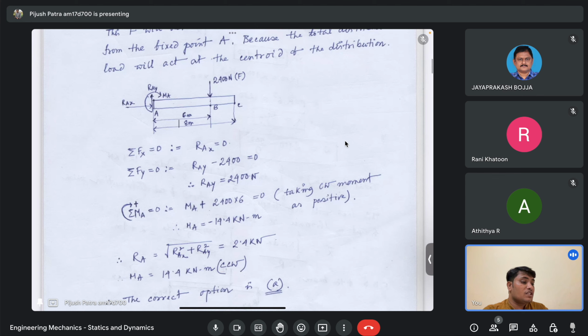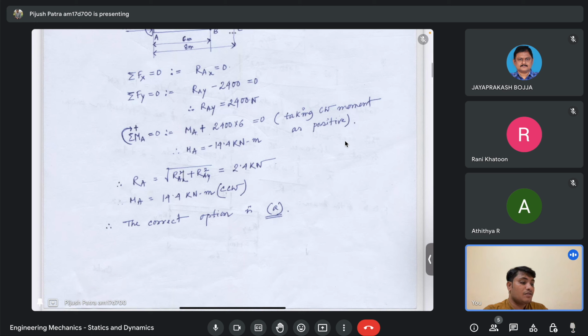These two forces are acting perpendicular to each other, RAX and RAY. So it's the simple RAX equals to 0. So the net force is 2400 Newton, which is 2.4 kilonewton, and the moment at point A is equals to 14.4 kilonewton meter, which is in counterclockwise direction, CCW.